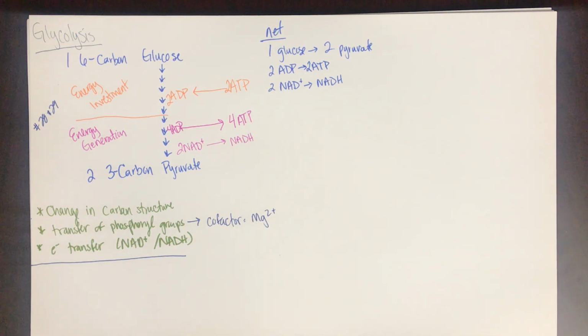Magnesium, this positively charged cation, is going to stabilize the negatively charged phosphoryl groups. So that's the purpose and why you're going to see the magnesium ion above the arrow for these reactions. Any reactions that are involving the transfer of a phosphoryl group are going to require the stabilization by this cofactor.